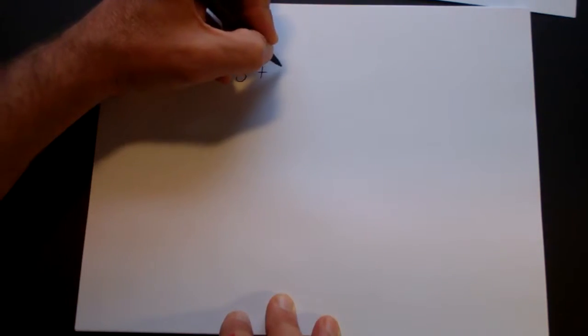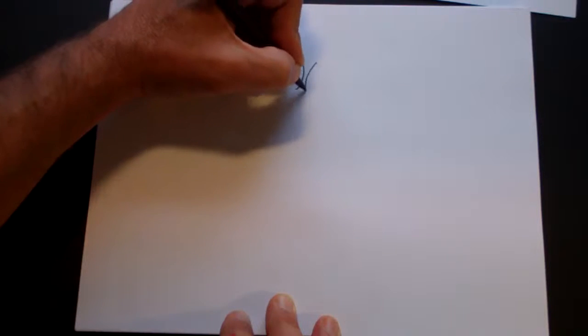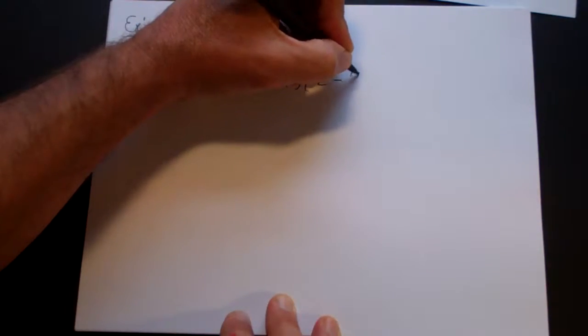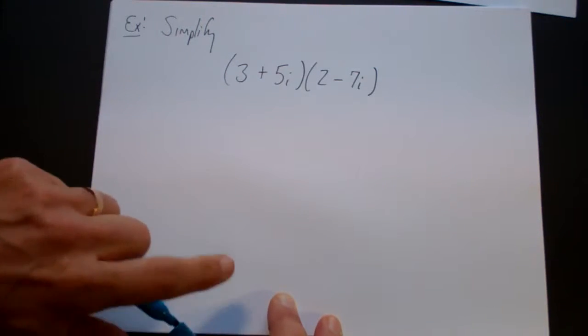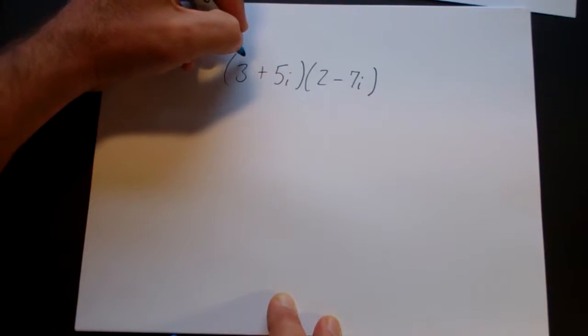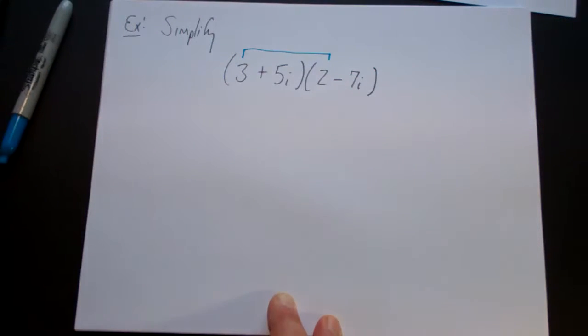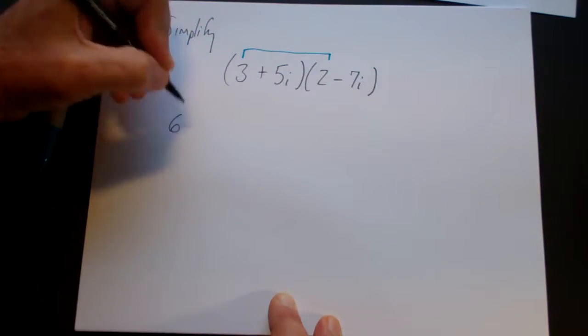Let's do a somewhat harder problem. Let's do a FOIL problem. So it'll just say simplify (3 plus 5i)(2 minus 7i). So here we're going to use FOIL, or however you treat this, just like they're x's. So it's 3 times 2, which is 6.